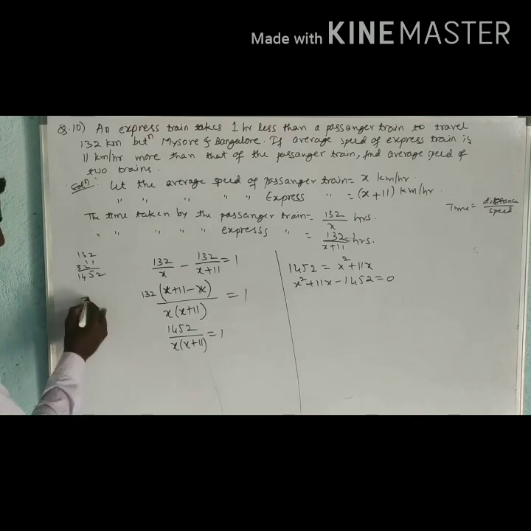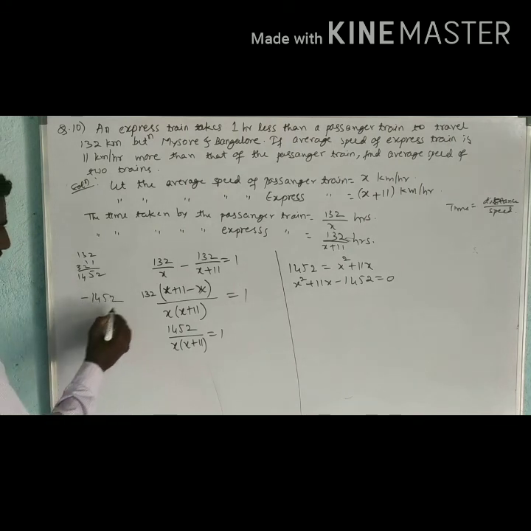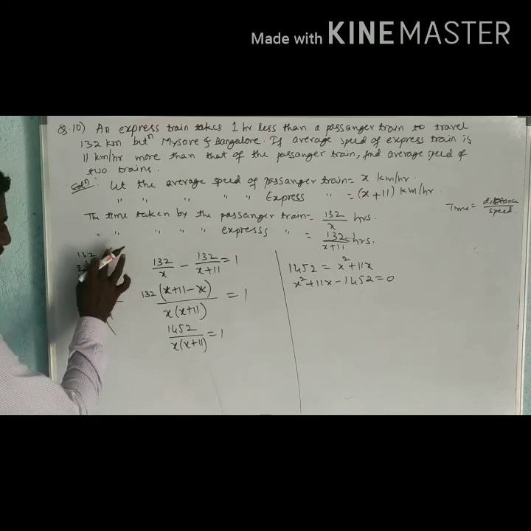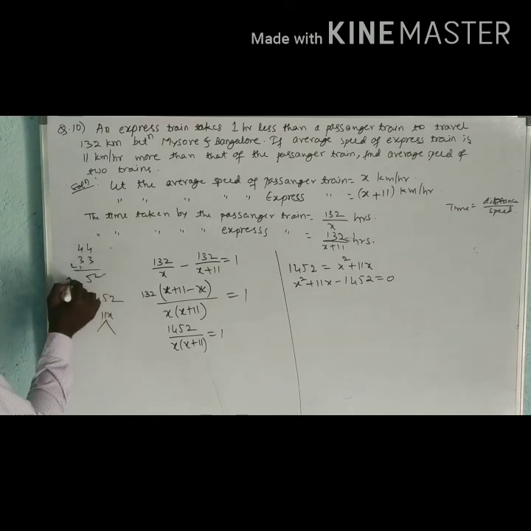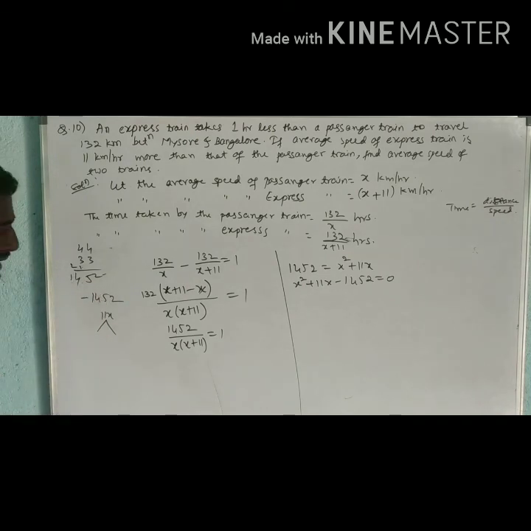So if you multiply, I should get minus 1452. Add or subtract, I should get 11. Now here I will take 44 and 33. Multiply these two, 44 times 33 is 1452, right?